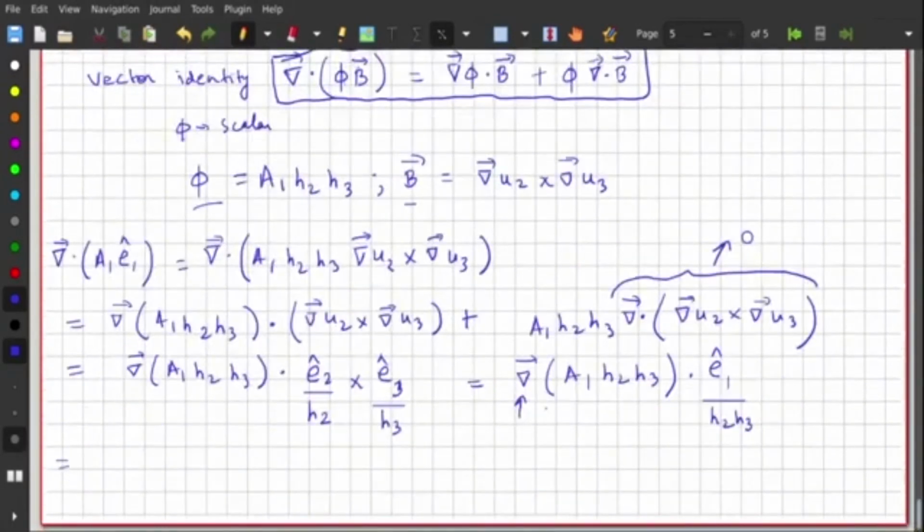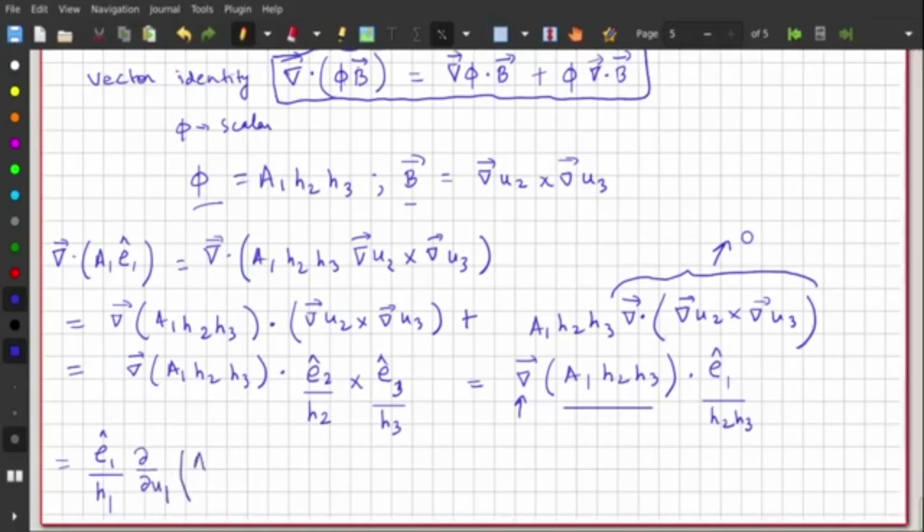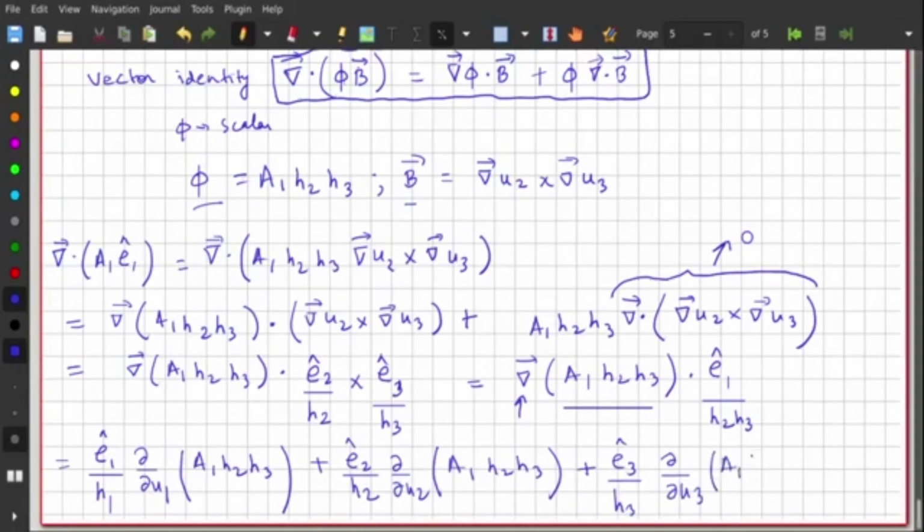Using that we can expand this, and that becomes E1 by H1 partial U1 of A1 H2 H3, and we have a sum over three components: plus E2 by H2 partial U2 of A1 H2 H3, plus E3 over H3 partial U3 of A1 H2 H3, and this entire thing dot product with E1 H2 H3.